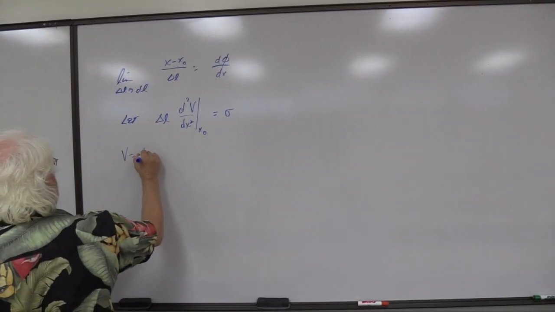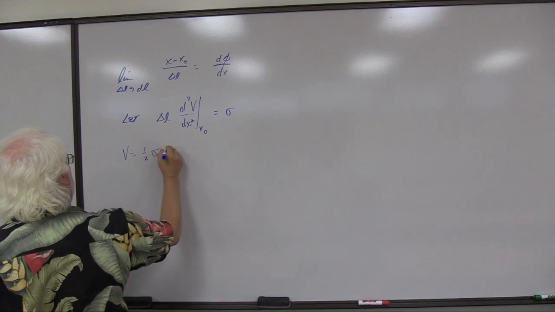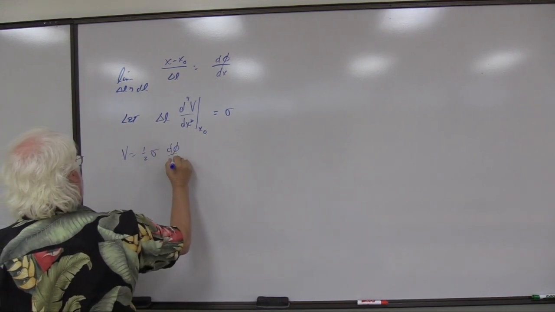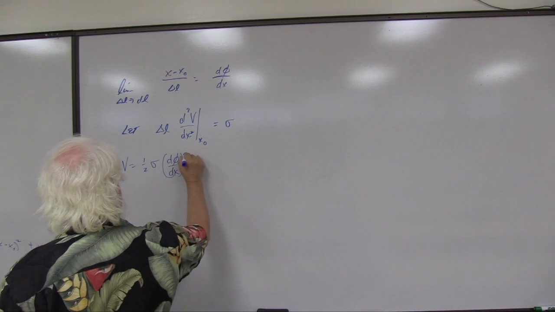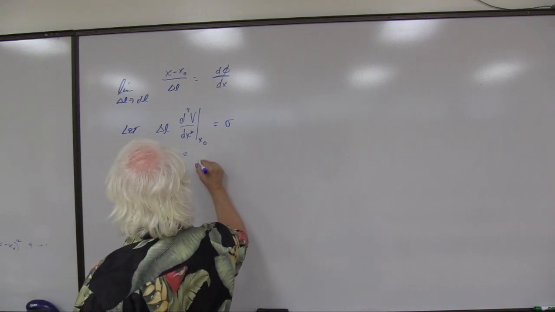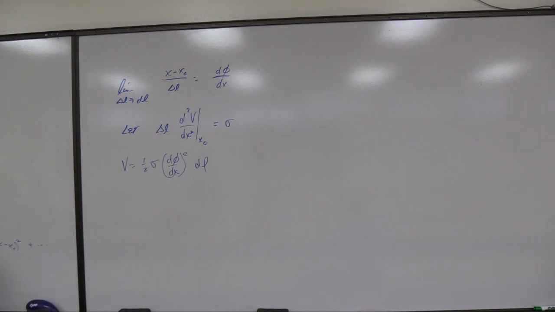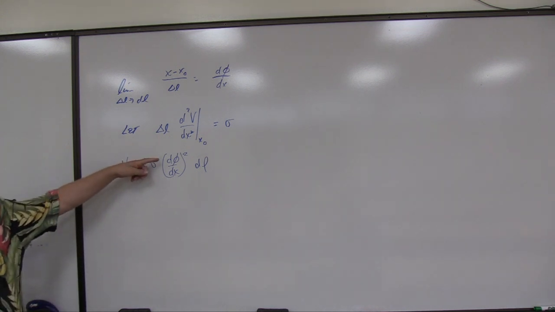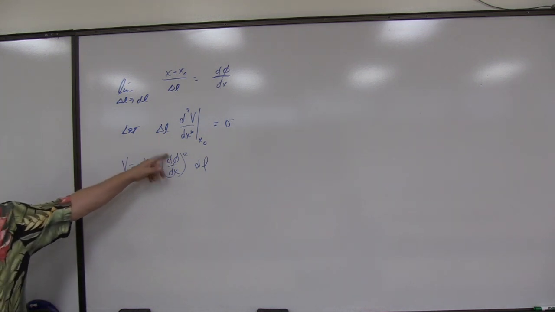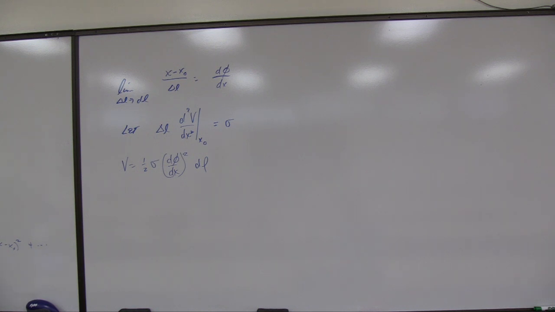Then the potential is 1/2 sigma times d phi/dx squared times delta L. And that puts it in terms of basically a gradient of this displacement.